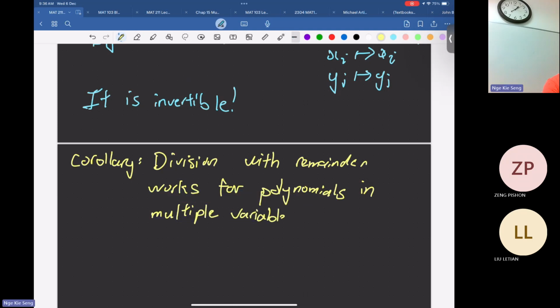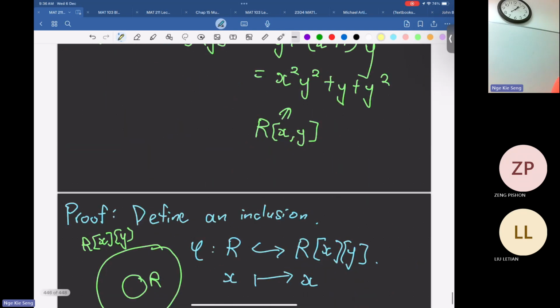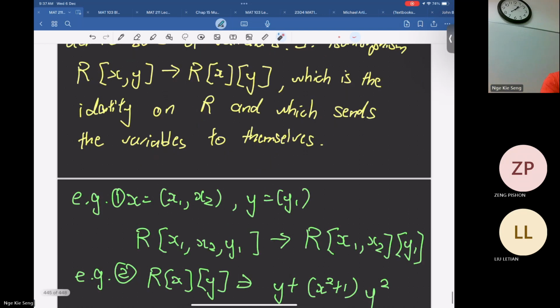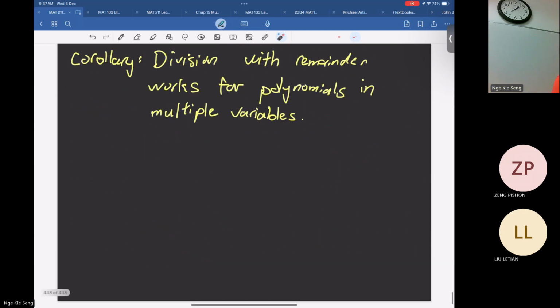Last time we introduced division with remainder for the one variable polynomial ring. But for multiple variables, what can we do? We can adjoin the variables one by one, so you can do division one by one, in y first and then in x, and so on. So division with remainder works.